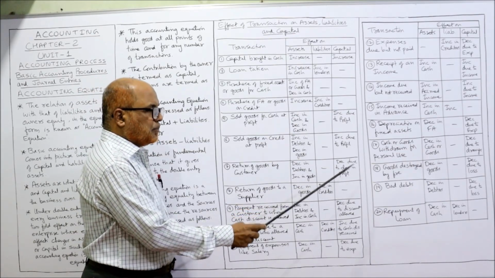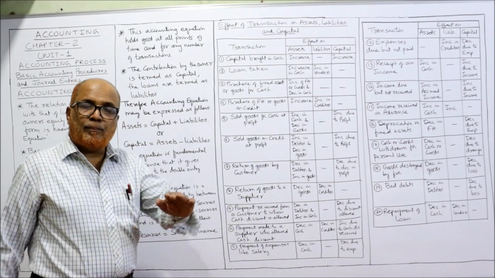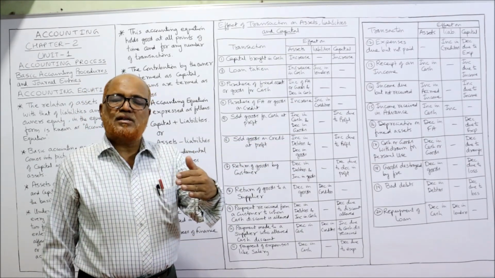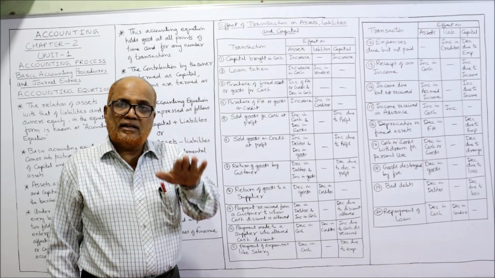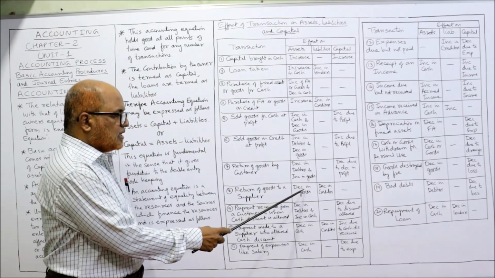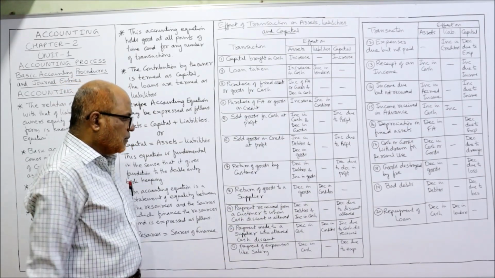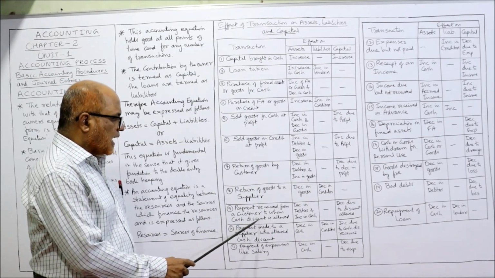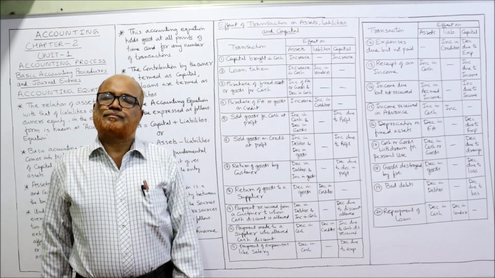Decrease due to decrease in profit. That is the effect. Now return of goods to a supplier. That means purchase return. When there is purchase return, what will happen? Our goods will decrease and liability creditors will also decrease. So decrease in goods, decrease in creditors. No effect on profit. Similarly, payment received from a customer to whom cash discount is allowed. Payment received from a customer.